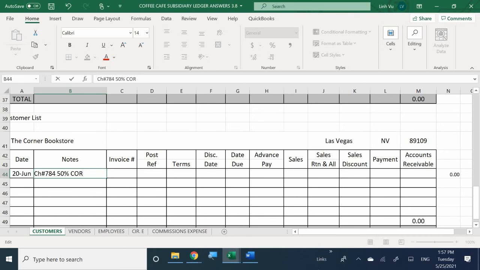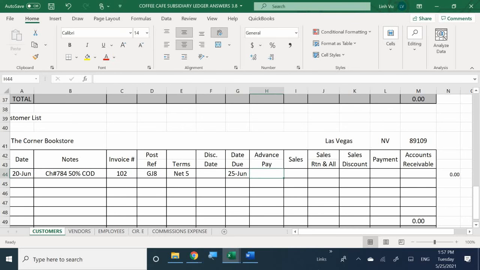Then the invoice will be, oh, where's my D at? There you go. All right, invoice 102, that's GJ8. My terms are net 5, which will give me a date due of 25 June. Then under sales, I put 127.75. Yes.